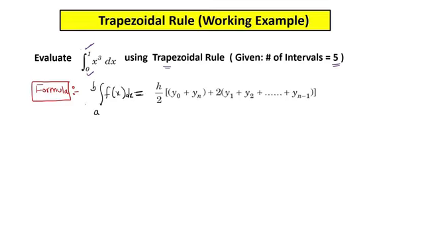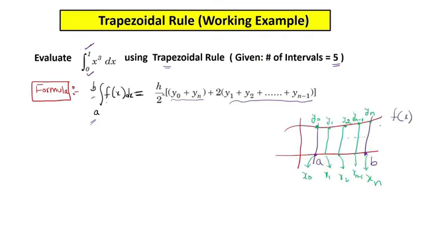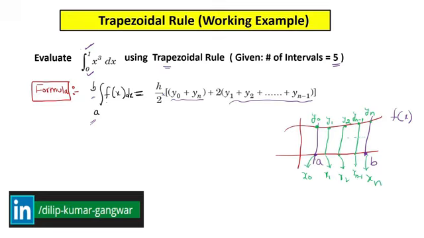So this is the formula for the trapezoidal rule. If we have to integrate f(x) between a and b, the formula says h by 2 multiplied by the sum of y0 and yn, plus 2 multiplied by the sum of all these middle terms. What was this y0, y1, y2? We had seen that this is the function f(x) and these are the points a and b.